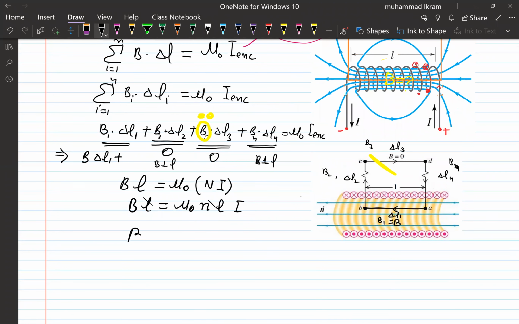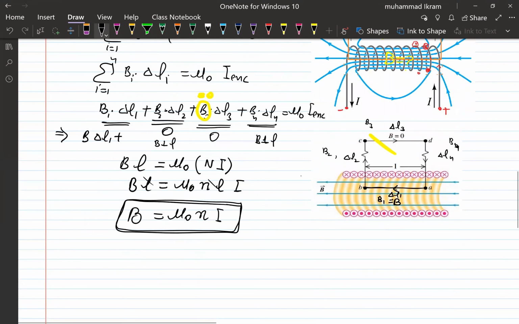And what is this B? It is equal to mu naught times N into I. This is the magnetic induction B, which is equal to mu naught times NI.